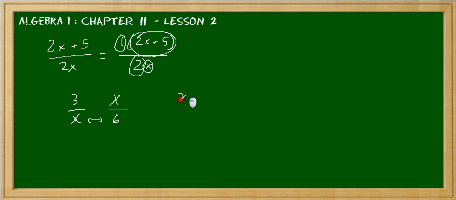Now we know we can only change a fraction if we multiply it by 1. So in the first case, we're going to take 3 over x and multiply it by 6 over 6, which is 1. And in the second case, we have x over 6, and we're going to multiply it by x over x.